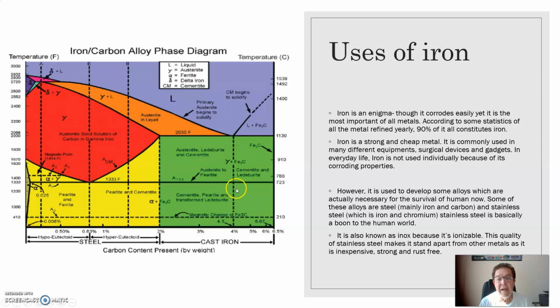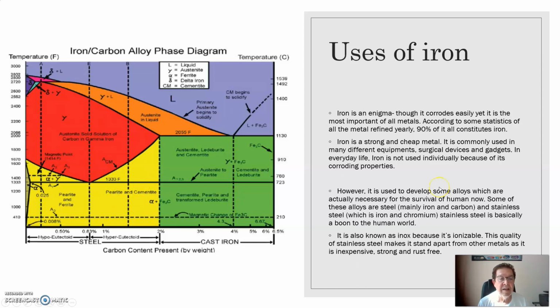We can divide cast iron into hypoeutectic and hypereutectic. The eutectic is around 4% of carbon, and the steel can be divided into the eutectoid, which contains 0.83% of carbon. Below this amount of carbon, we have the hypoeutectoid, and above 0.83%, the hypereutectoid.